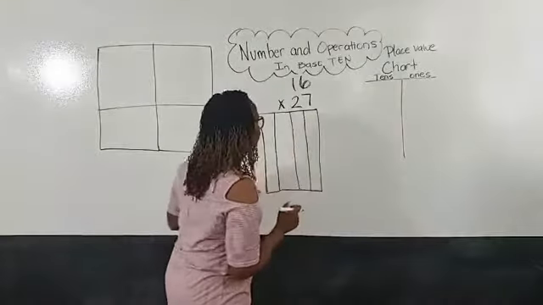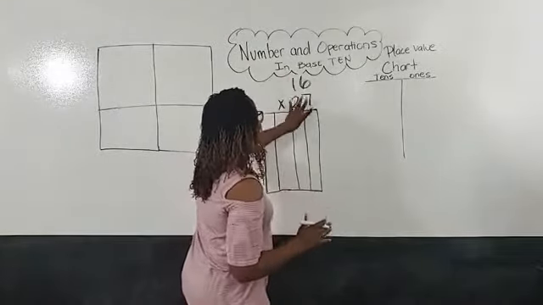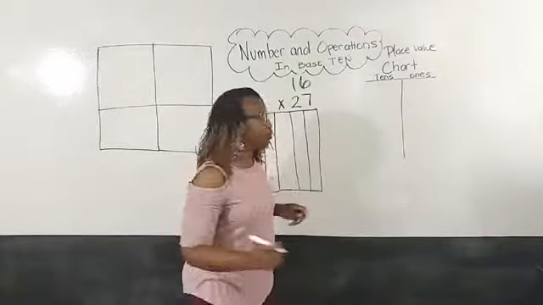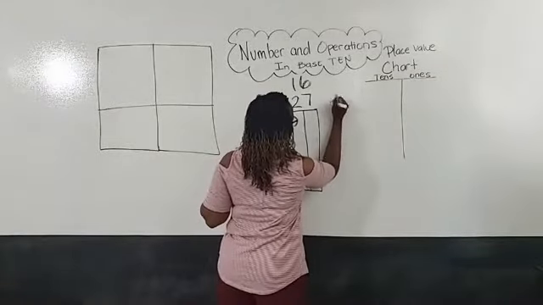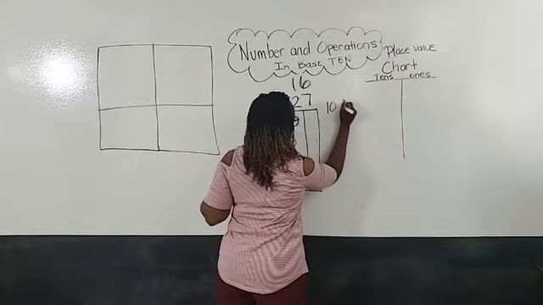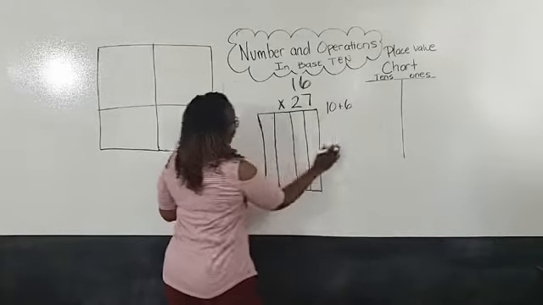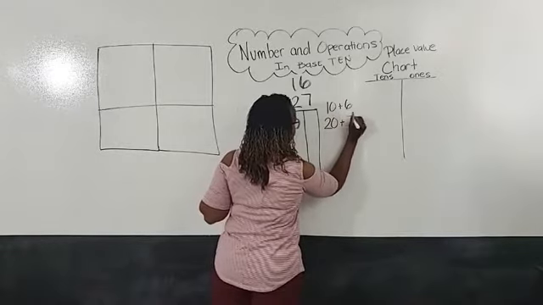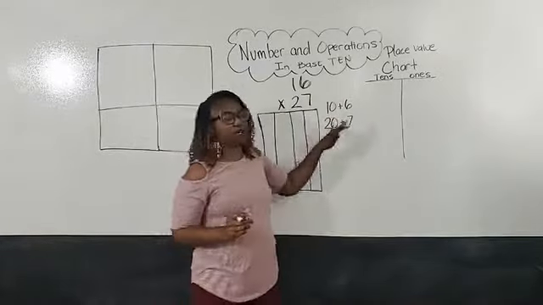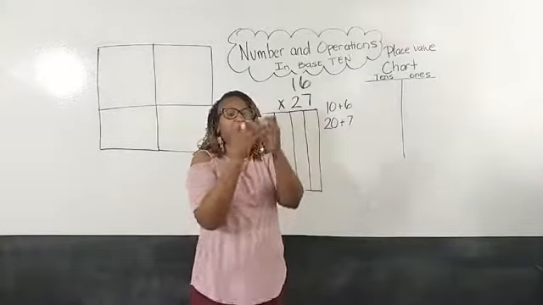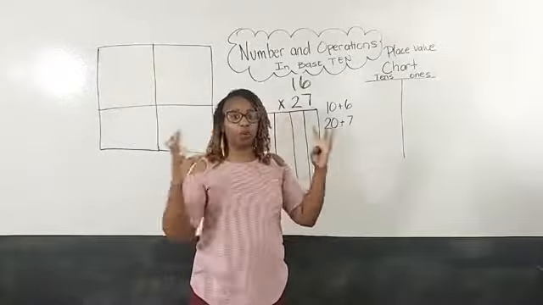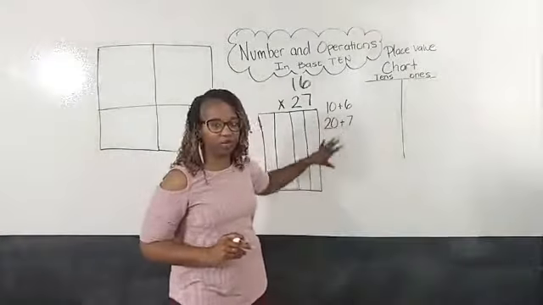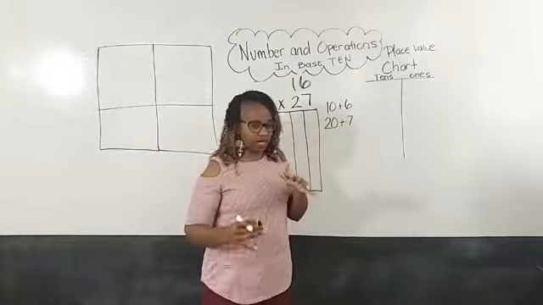All right, so let's look at it here. First, what I want to do is break down these numbers so that they're not so scary to me. So what I want to do with 16 is show it as 10 plus 6. And I want to show 27 as 20 plus 7. Because these numbers don't seem as scary to me when I'm breaking it apart, and it's not so big and I'm not going to get overwhelmed. And 10 and 20, anytime a number ends in 0, it's kind of nice to see that number, right?